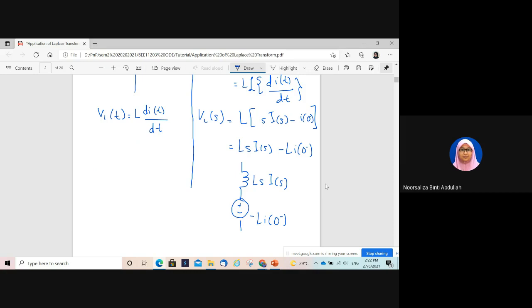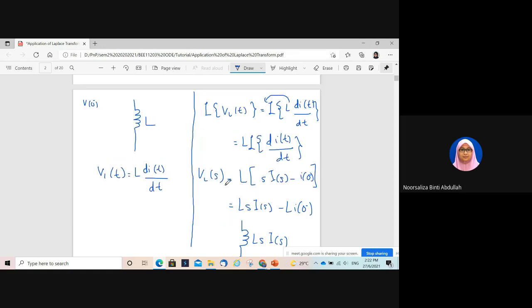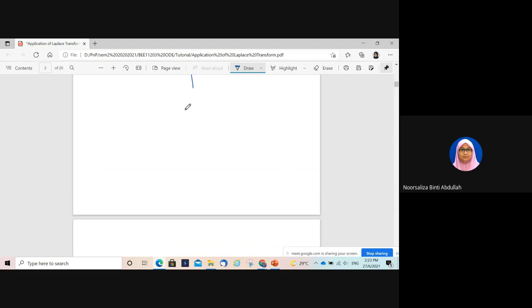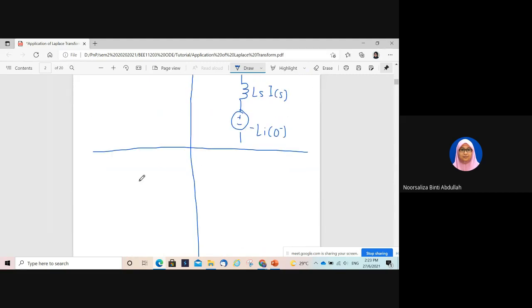Any question? Okay, so this one for inductor, and now we go to capacitor. For capacitor, you have the capacitor C here.